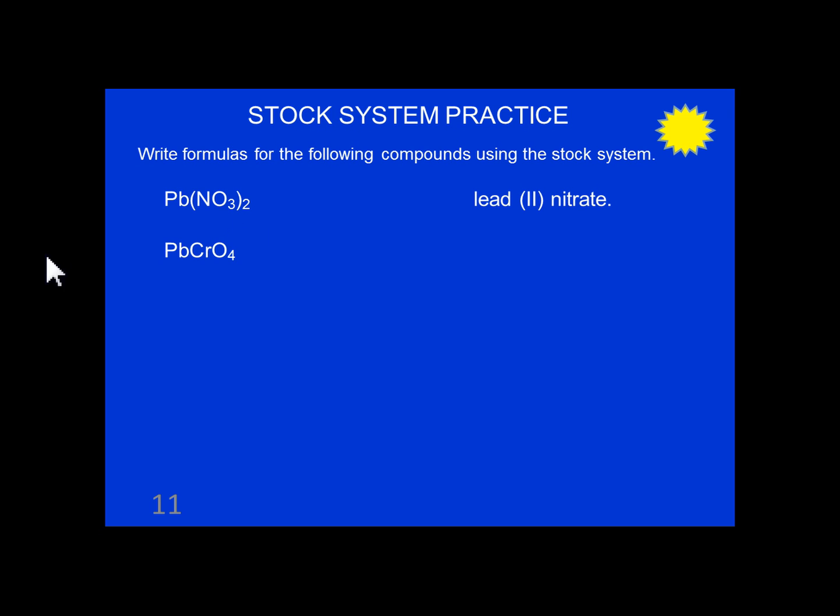Here's another compound, PbCrO4. Well, Pb you know is lead. CrO4 is chromate. The chromate has a -2 charge on it, so you only need 1 lead. So the formula for lead 2 chromate is right here, PbCrO4, lead 2 chromate. Alright, here you have Fe, which is iron, and SO4, you look that up on your polyatomic ion chart, that's known as sulfate.